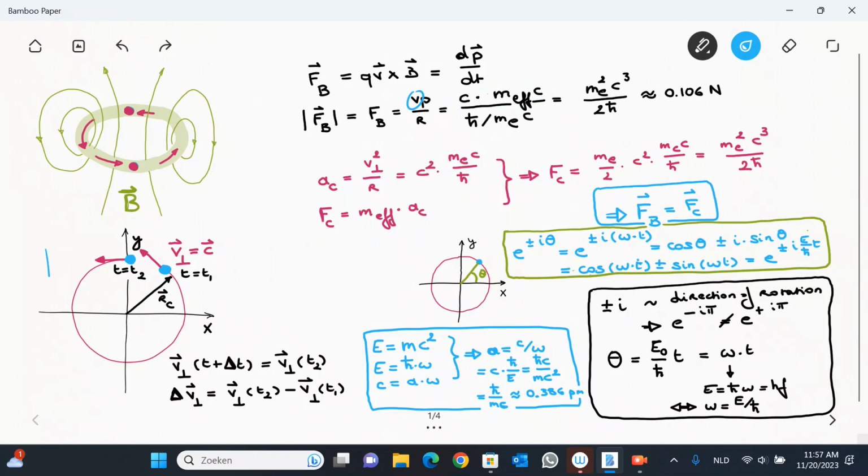Maybe I should say something about that now. The electron as a whole has a mass equal to the electron mass. We think of it as kinetic energy plus some potential energy or field energy, you might say.